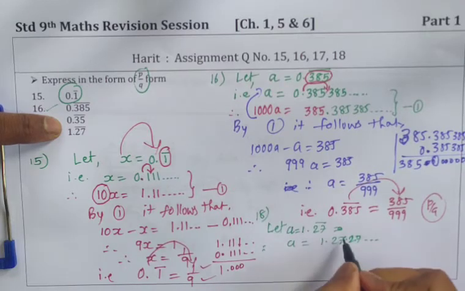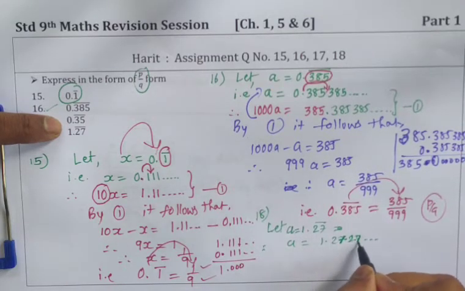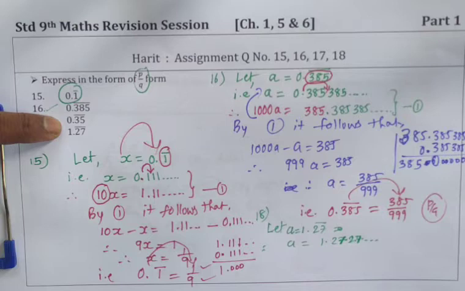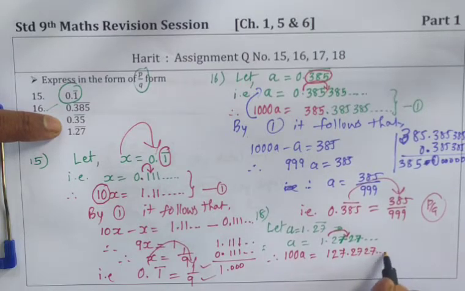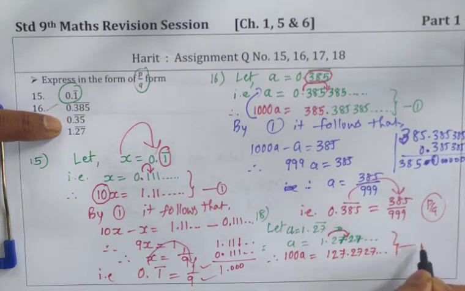Okay? So multiplying by 100, 100a is equal to, these 2 digits go to the right: 127.27, and 0.27 should be written 2 times, dot dot dot. This is result 1.